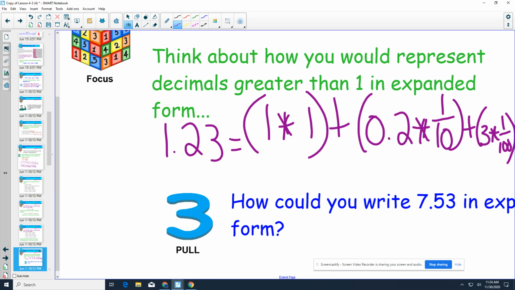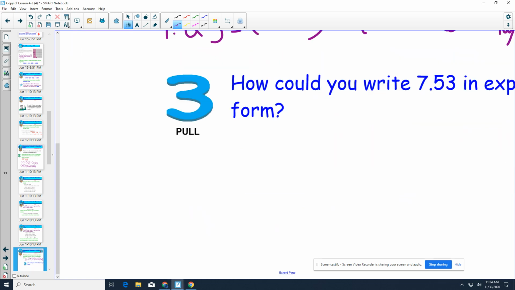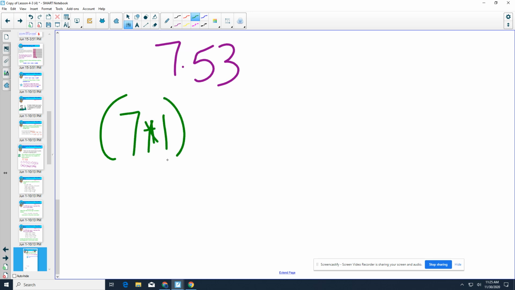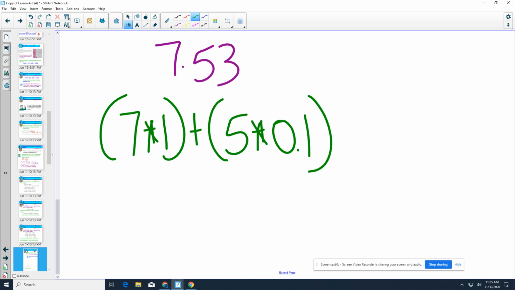Now, how would you write 7 and 53/100ths in expanded form? So let's see, 7 and 53/100ths. And again, there's multiple ways. I'll just show you one here. So I could say 7 multiplied by 1, plus, I have a 5 in the tenths place, so 5 times 0.1, plus 3, and it's multiplied by the hundredths place.